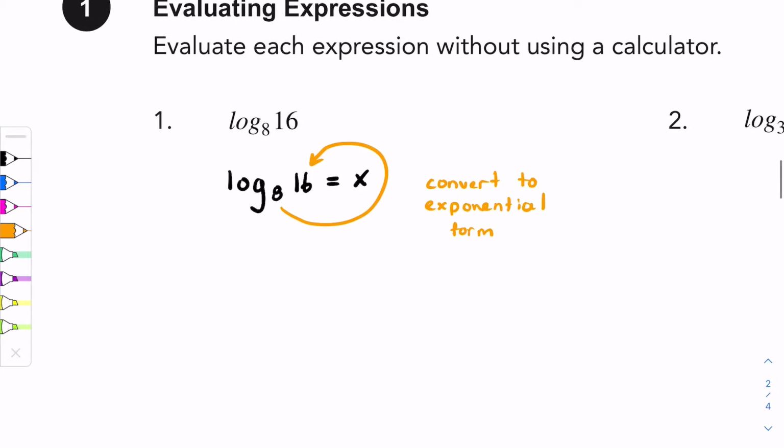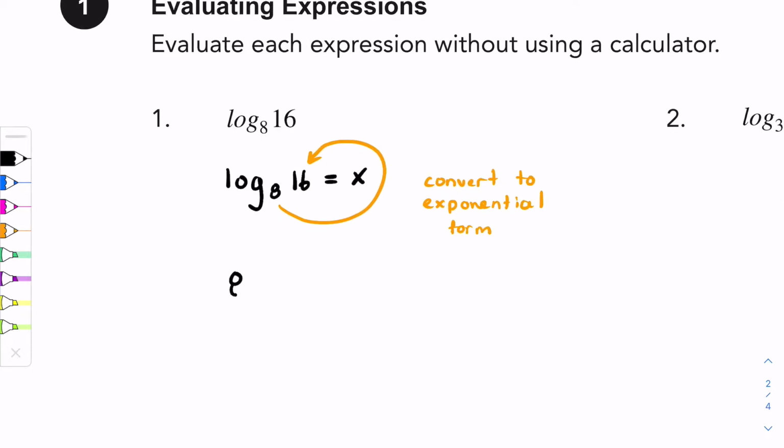When we convert to exponential form, we have 8 raised to the power of x is equal to 16. When you convert to exponential form, you're going to have to create common bases. And the bases are the base of the exponent.